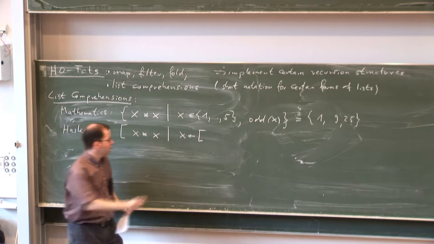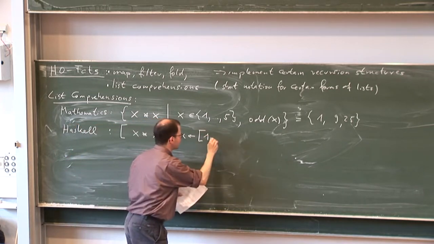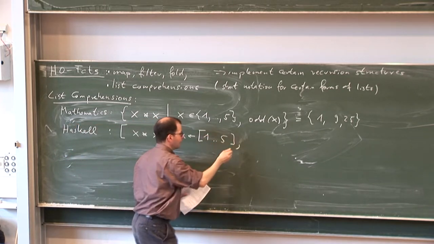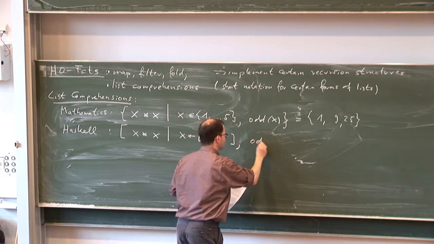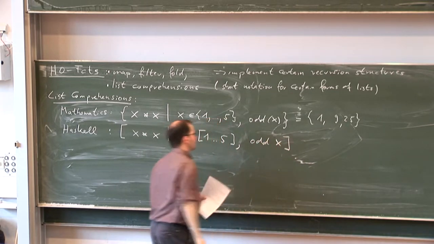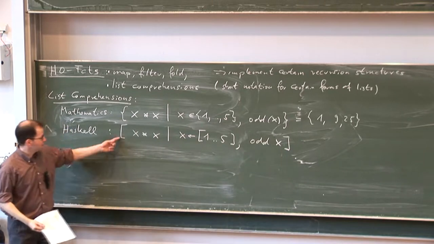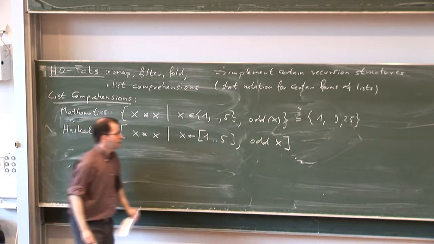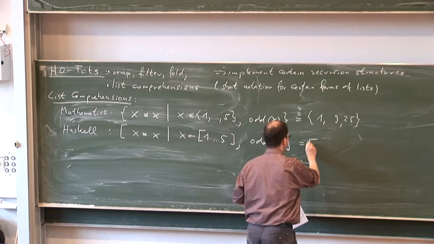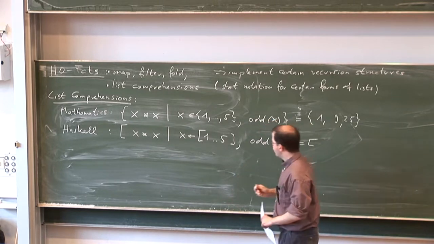So x is an element of the list 1 to 5, and x is odd. Now, you will agree that this looks very similar to this. And if you write this expression in Haskell, it will evaluate to the following thing.